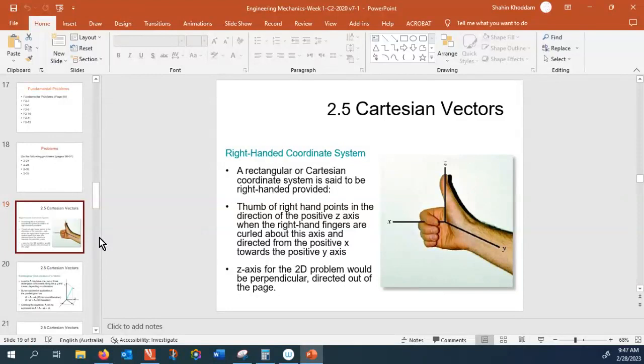To remember that order, we try to remember the order of x, y, z. So this is the right hand. With your right hand, 4 fingers are going from x to y, and your thumb shows the z direction. That is a right-handed coordinate system. So we are dealing with the right-handed, and your thumb shows the z coordinate.